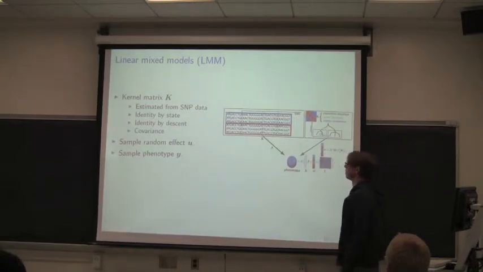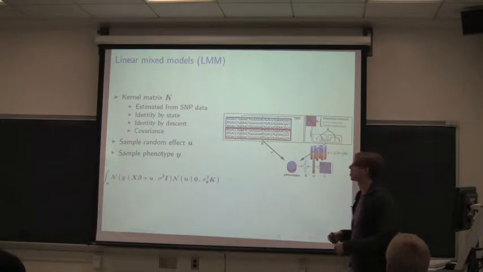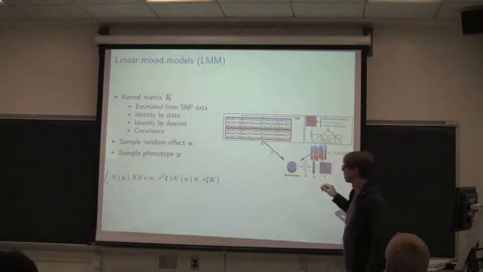This is a hidden variable, and the way to treat hidden variables is to not look at a single value of it, but take its whole distribution into account, because we don't know the real value. So you integrate it out over its distribution.